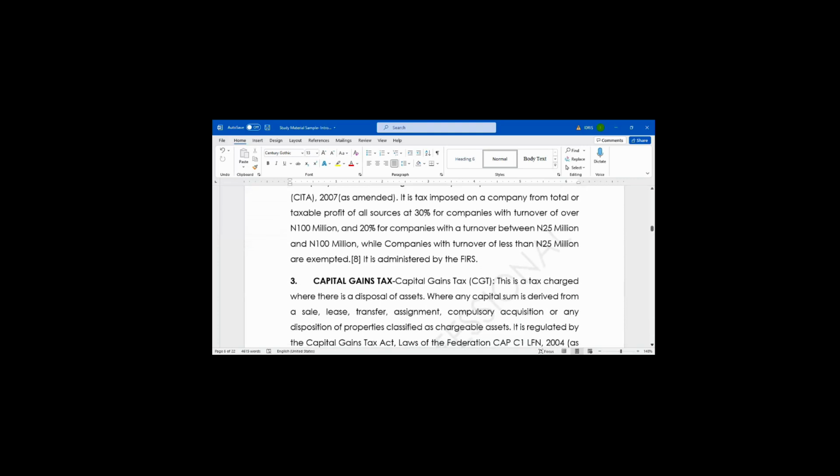Another type of direct tax that we have is called capital gain tax.